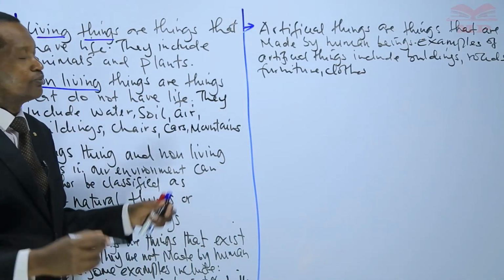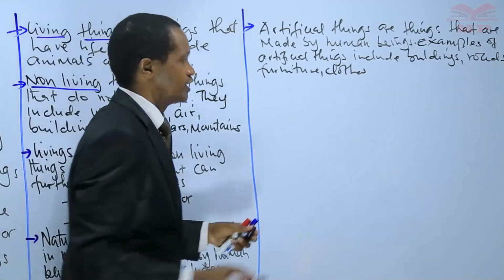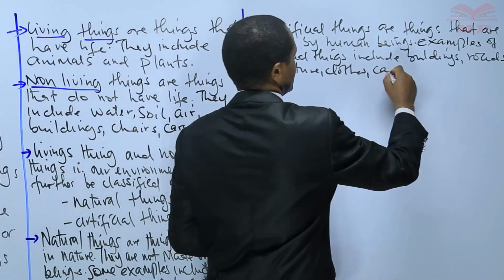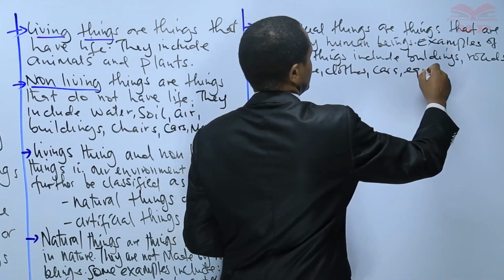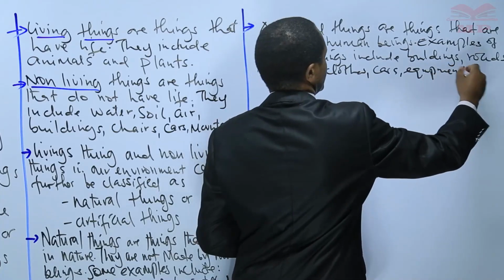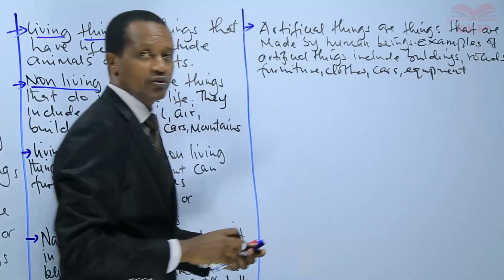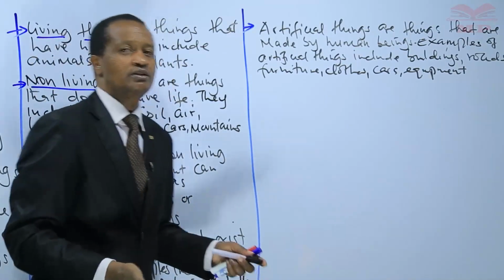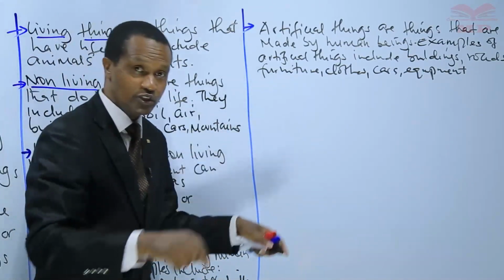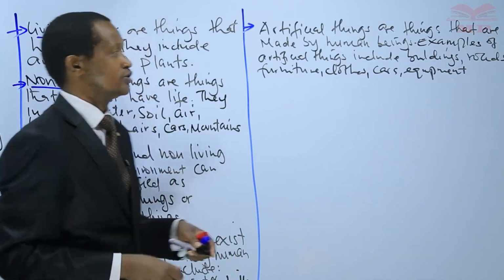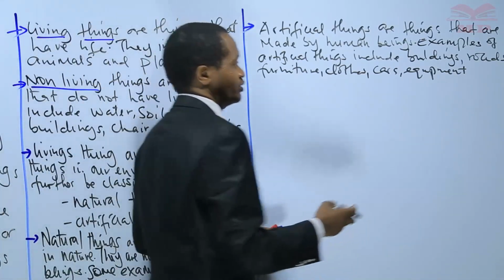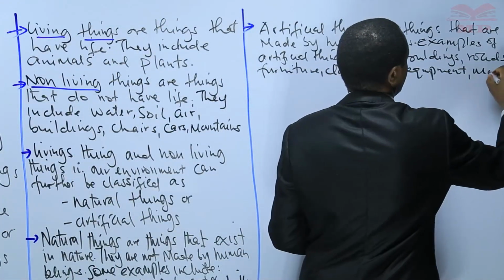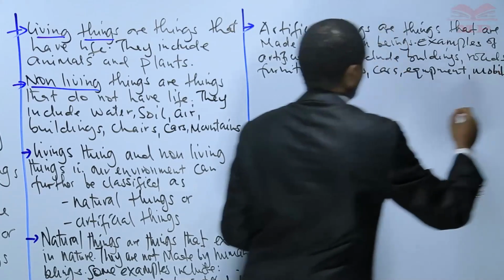We have equipment, motor vehicles, cars, computers, refrigerators, televisions, all those mobile phones. Learners, mobile phones. Let's write mobile phones.